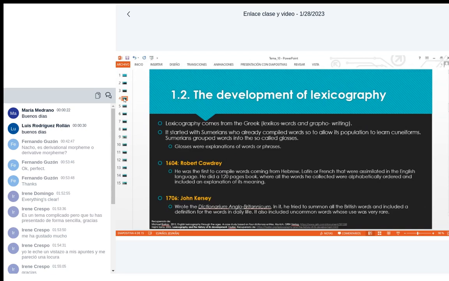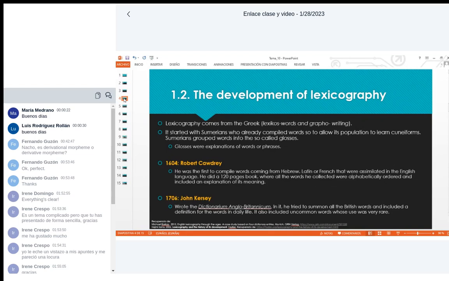He classified the words according to their origin: Hebrew, Latin, French, or Old English words. This first action of collecting words allowed him to write a book of 120 pages, where he ordered the words alphabetically and included an explanation of each. So this was the basis of today's dictionaries in English.